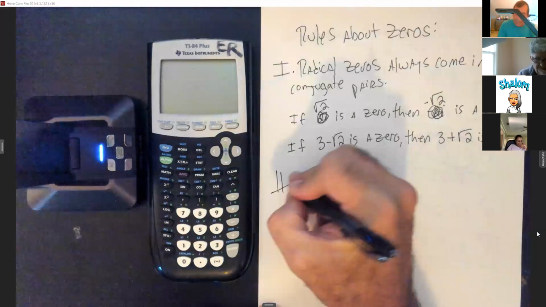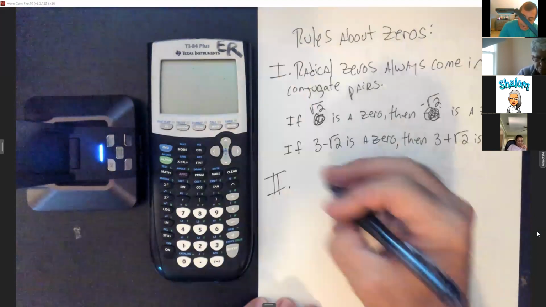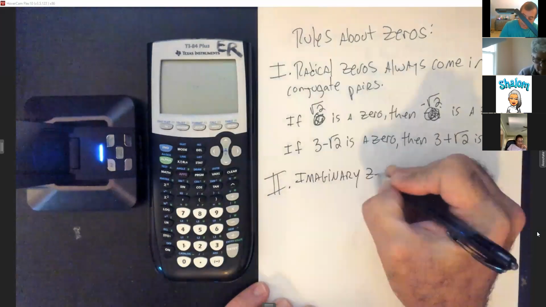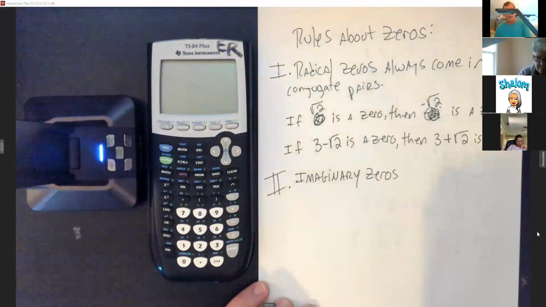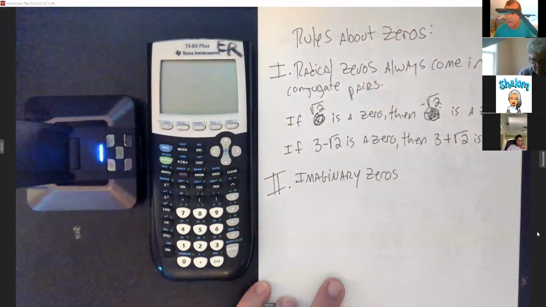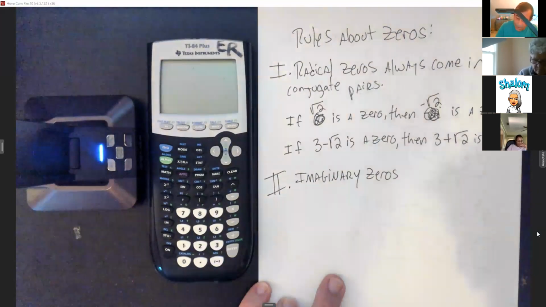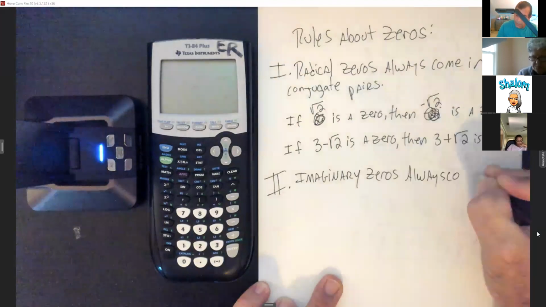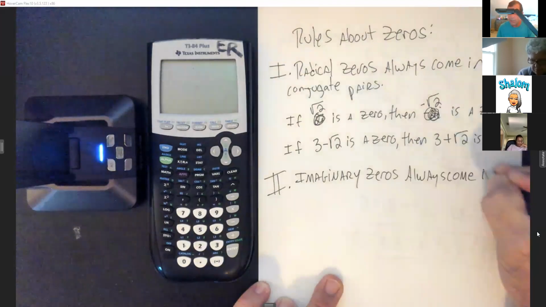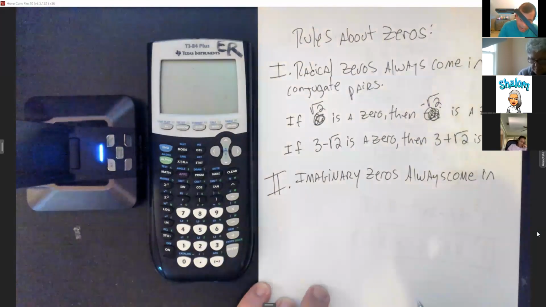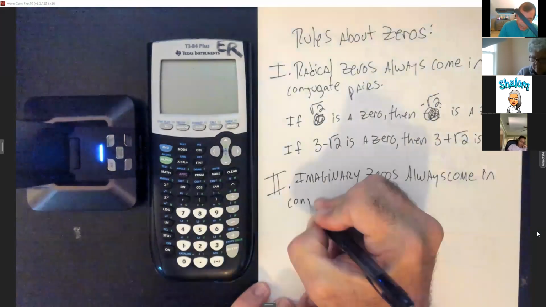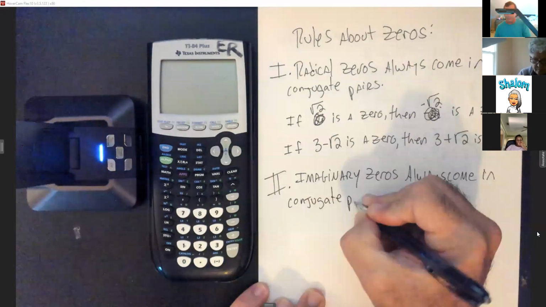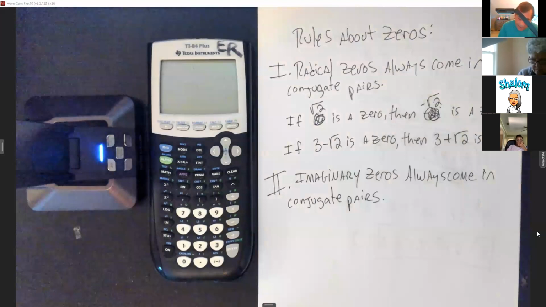Now we're going to look at imaginary zeros. And guess what? Imaginary zeros always come in conjugate pairs. Okay, so now I can say this.